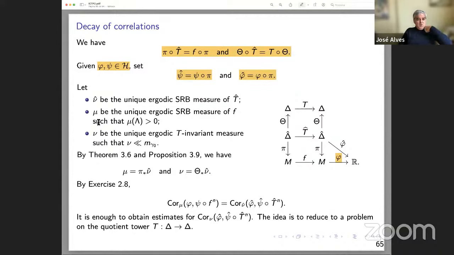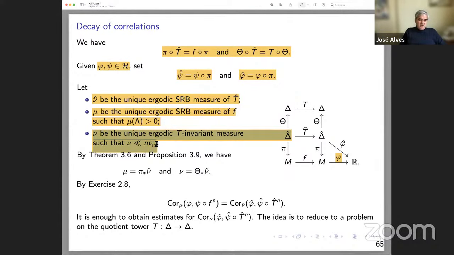Okay, so we have a unique SRB measure for T hat. We have a unique SRB measure for the original dynamics intersecting the set with the Young structure, and we have a unique SRB measure, absolutely continuous with respect to the Lebesgue measure, for the quotient tower. Well, by the results that we have just told you, we have this relation here.